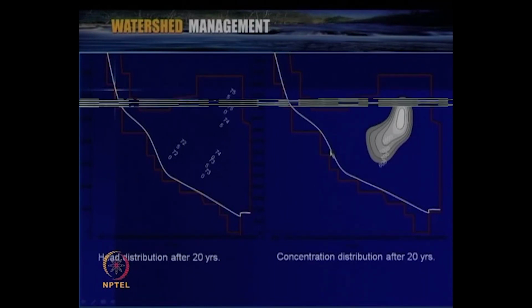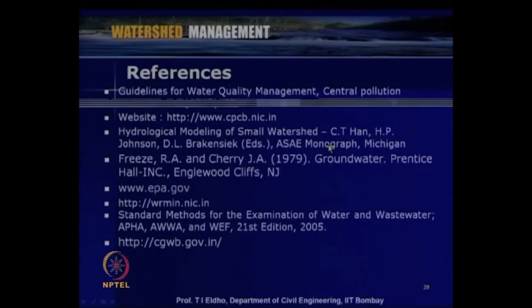The main purpose of presenting this case study is to show how we can develop this type of models for flow and transport either in groundwater systems or surface water systems. Generally we have to solve the flow and transport models together. Flow models give the variation of velocities and the hydraulic potential within the aquifer systems as far as groundwater is concerned, and based upon that we can identify how the velocity variation is taking place.